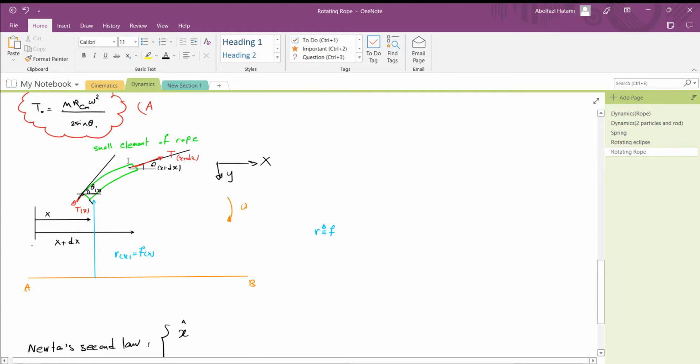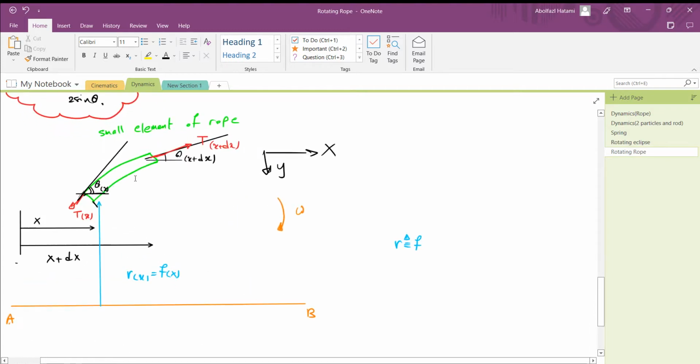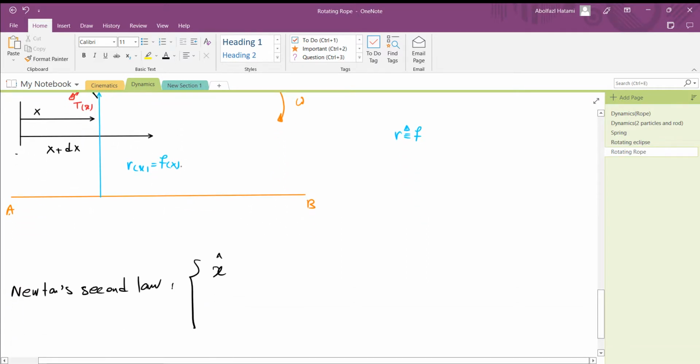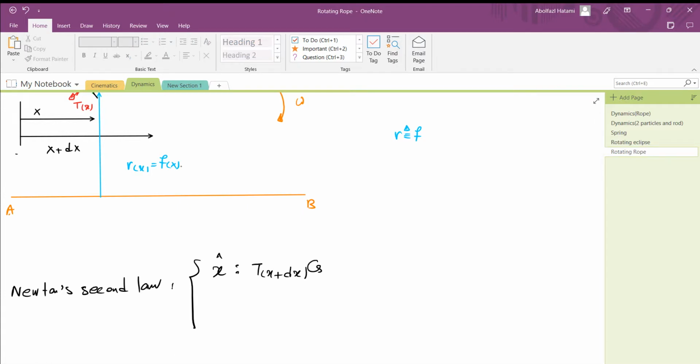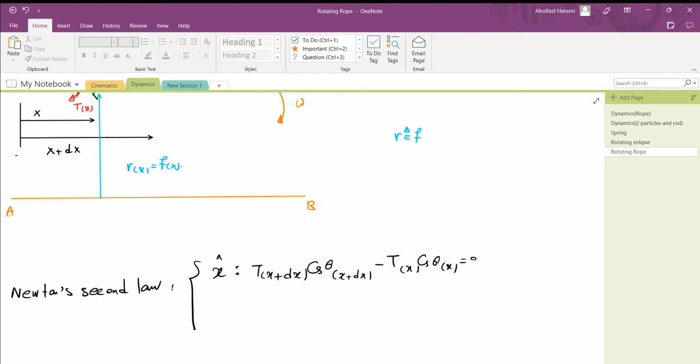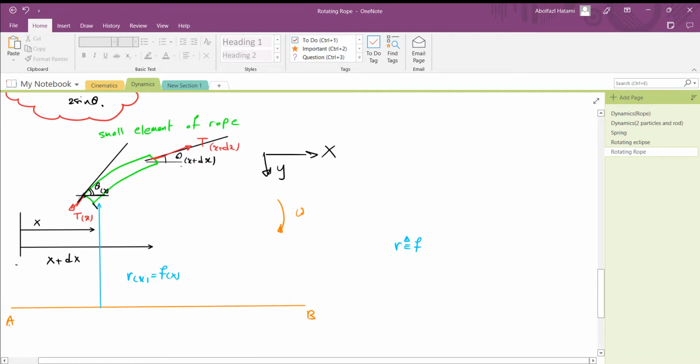So the net force in the x direction is equal to 0: T(x+dx) cosine of theta at point x+dx minus T(x) cosine of theta of x is equal to 0, because we don't have any acceleration in that direction.